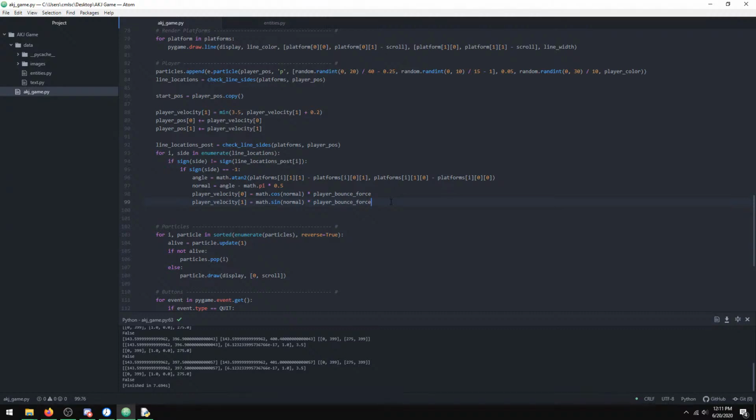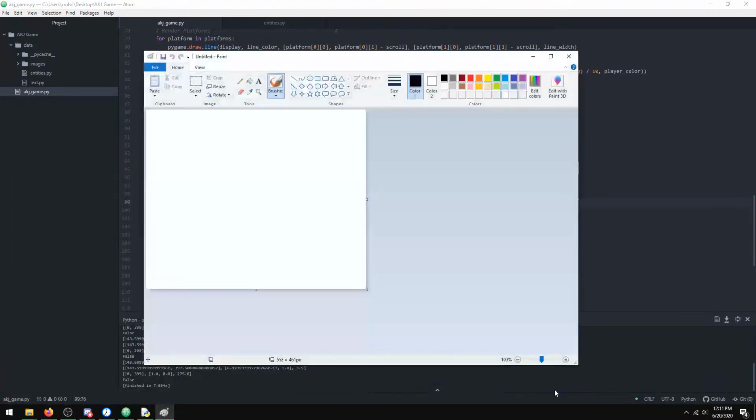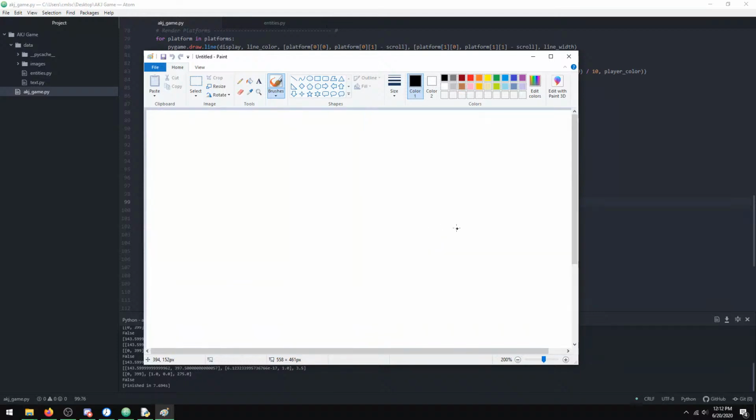So, where is my paint? So you get the other slope. So you're working in point slope form at that point. And yeah, it's point slope form.